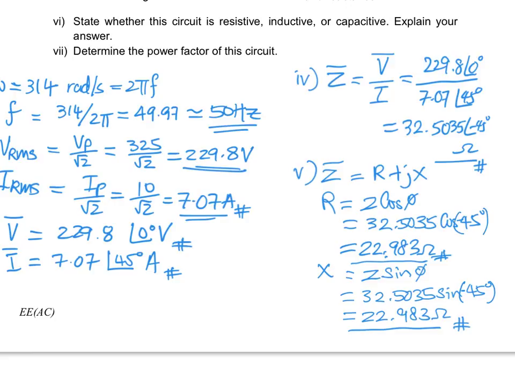Which means that I have a negative X. So if I were to write the full equation, it should be 22.983 minus j 22.983 ohms. So R is 22.983 ohms, but X is negative. So what does that tell me about the characteristic of this circuit?